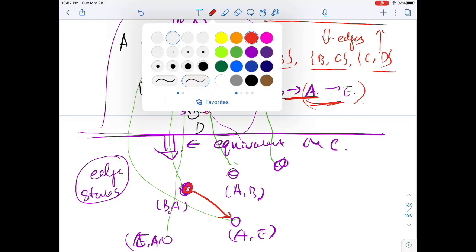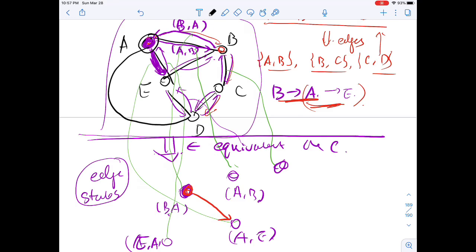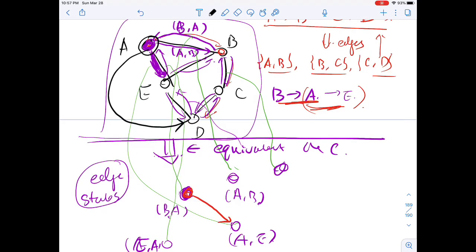Let's also add one more edge to make this problem a bit non-trivial. Let's say there's another edge connecting A and D. Then starting from A, I can move to three places: D, B, or E. So A has three places, AB, AD, and AE.